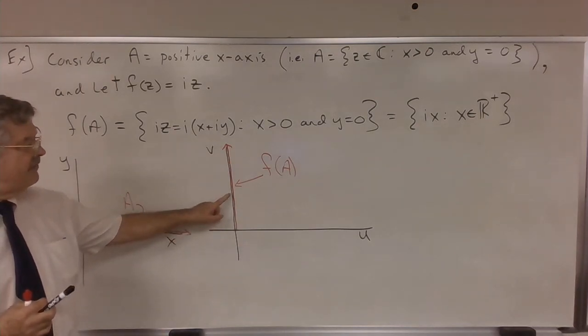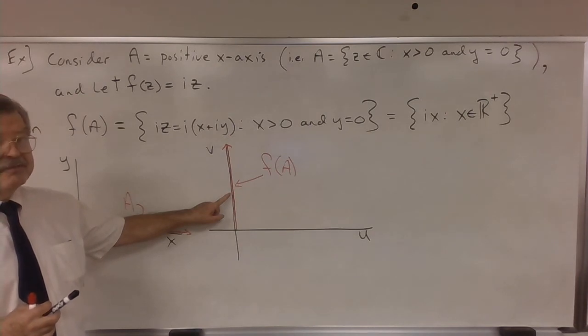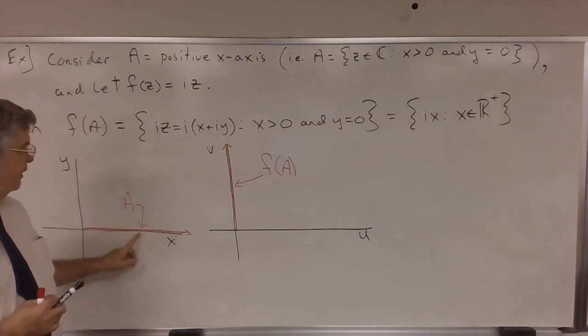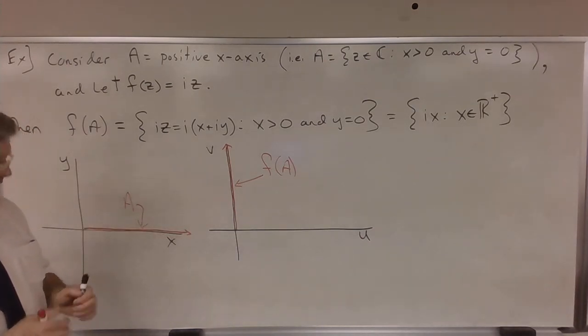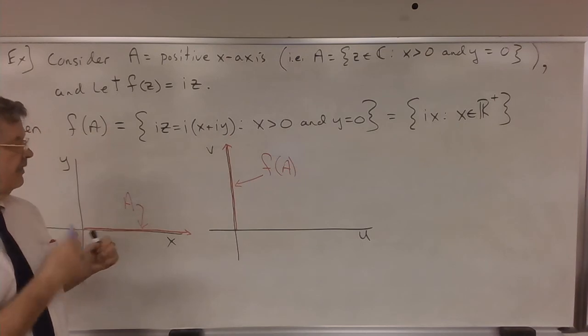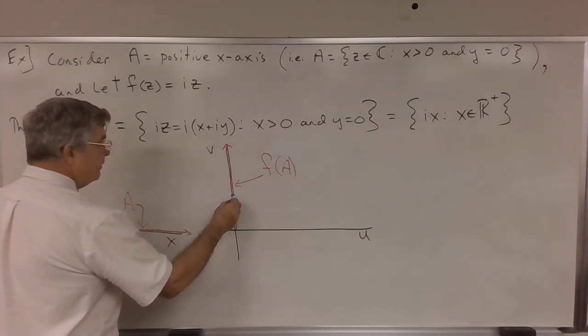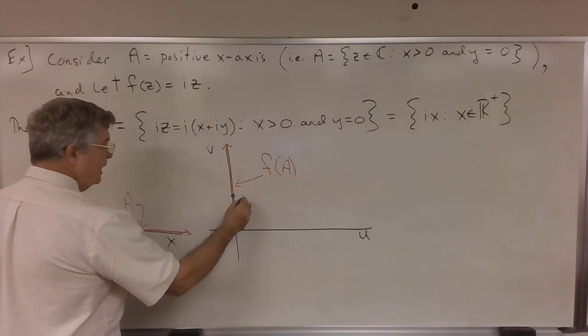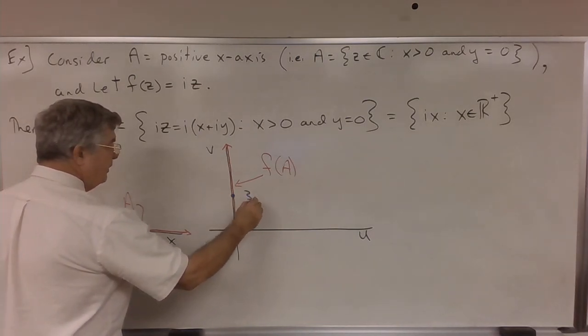So every point on the positive y-axis is such that there's some element on the positive x-axis that gets mapped to it. And this is a pretty easy one to figure out. Let's just pick 3 on the y-axis, okay? So this is the point 3i.